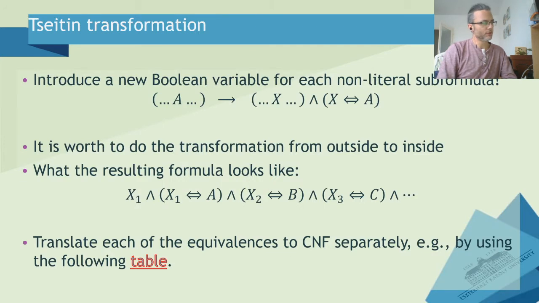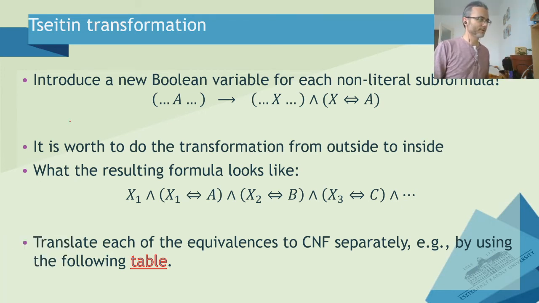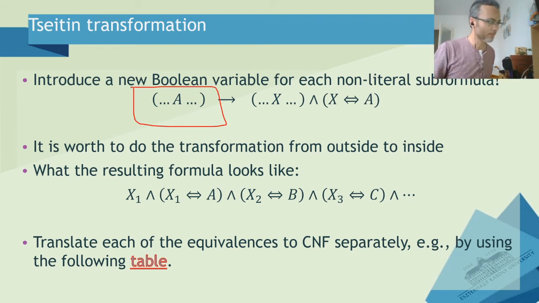Okay, then let's continue. So basically, the main idea of the Tseitin transformation is to substitute subformulas inside your huge formula. So this is your original, probably huge formula with some subformula inside.